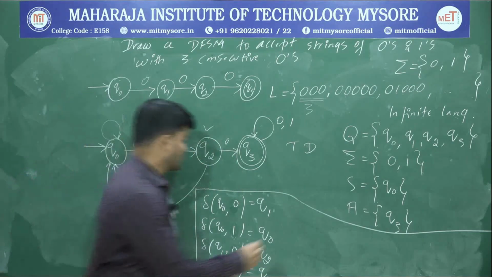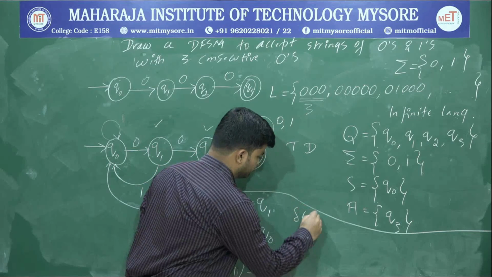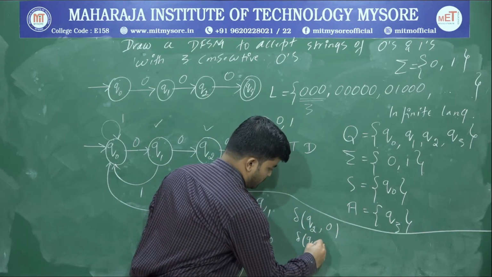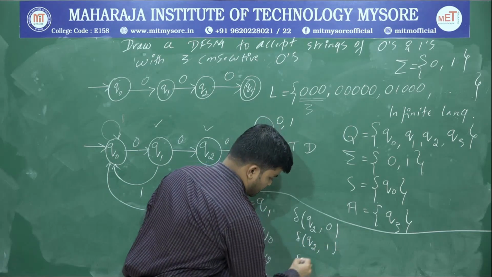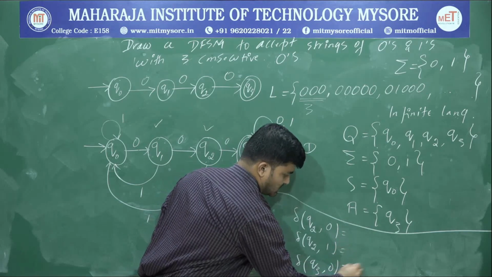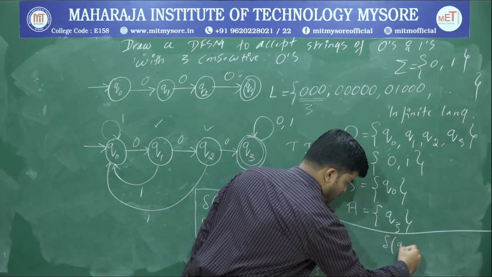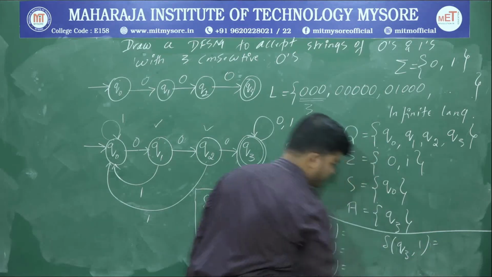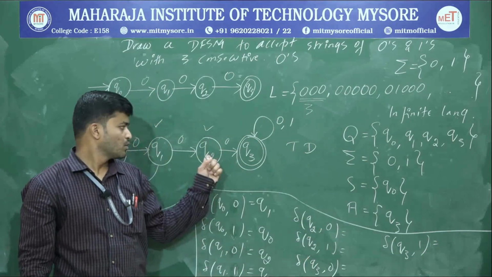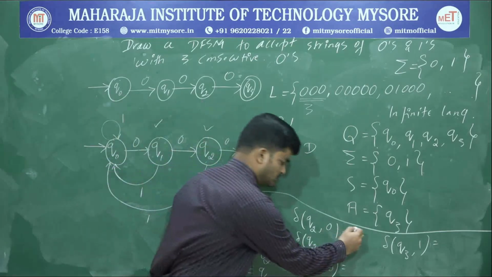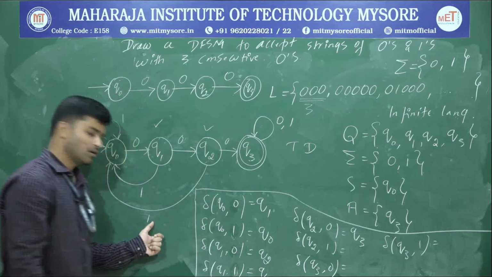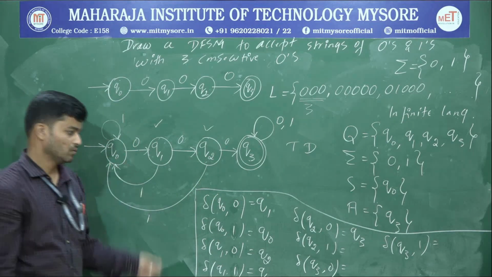Okay. So next you write with respect to delta of Q2 comma 0 and delta of Q2 comma 1, delta of Q3 comma 0 and delta of Q3 comma 1. Okay. So delta of Q2 comma 0 is Q3 and Q2 comma 1 is Q0.